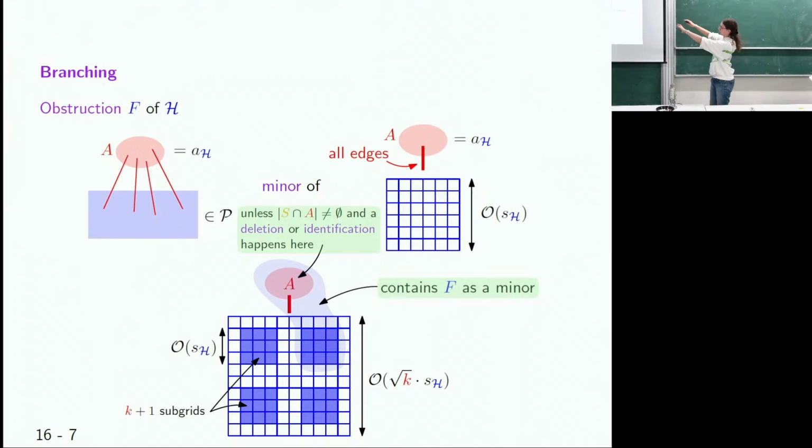So here I just put all the grids together to say, if I find a big enough grid and a set above that sees everyone, then I know that I need to do some modification in the set above.